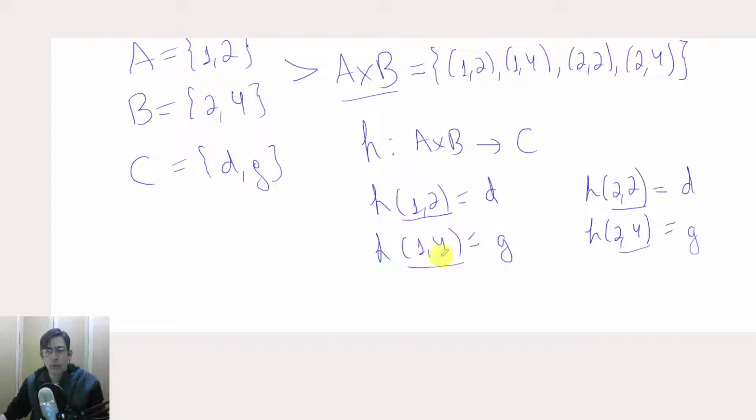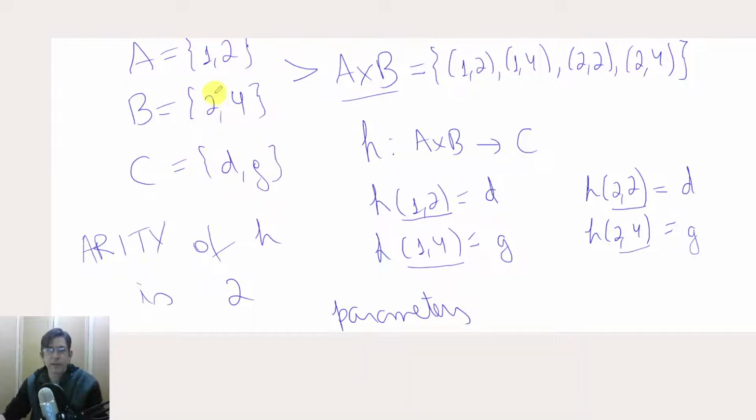But when we talk about functional programming, we usually say that these are two elements and that the arity of h is 2. Why? Because this means that the function h takes two parameters.